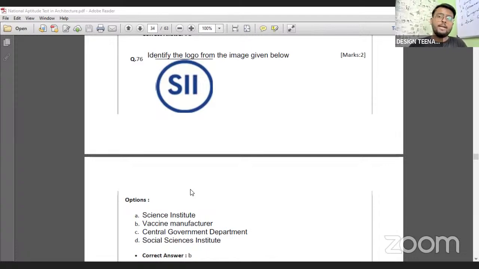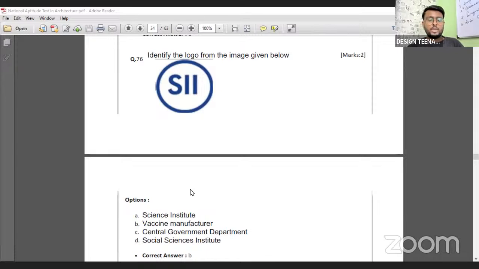Where you have a textual representation, you should understand that it has to do something with the names being shown or written over here. So Science Institute is one, vaccine manufacturer is one, central government department.